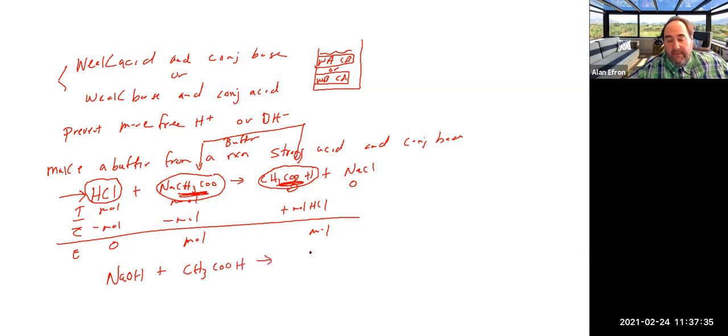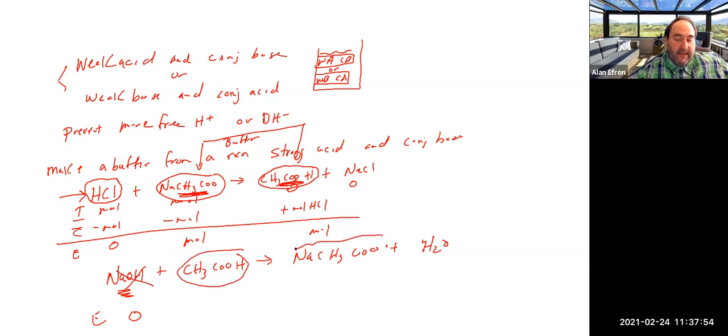When we did that, we made some sodium acetate and some water. Even though we started with some sodium hydroxide, by the time the reaction is done at equilibrium, it's basically zeroed out. What we're left with is acetic acid and sodium acetate. It is this part at the end of that reaction that is a buffer.